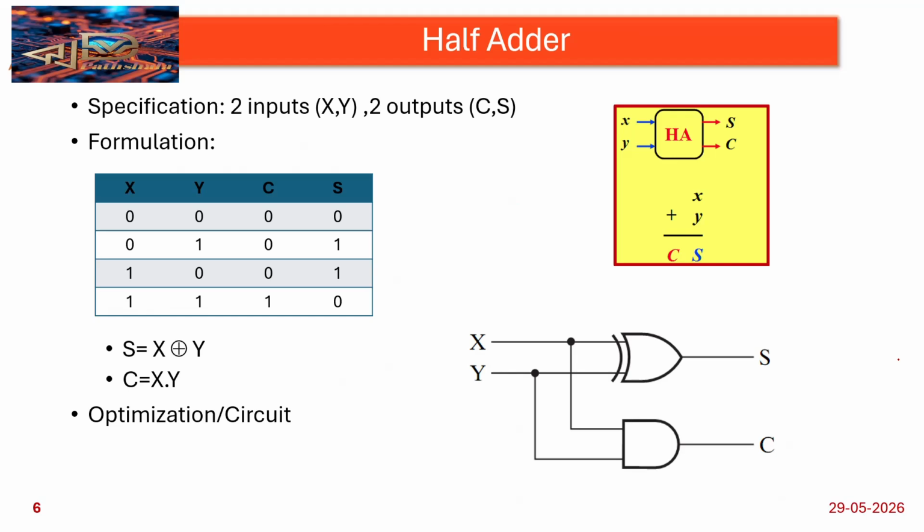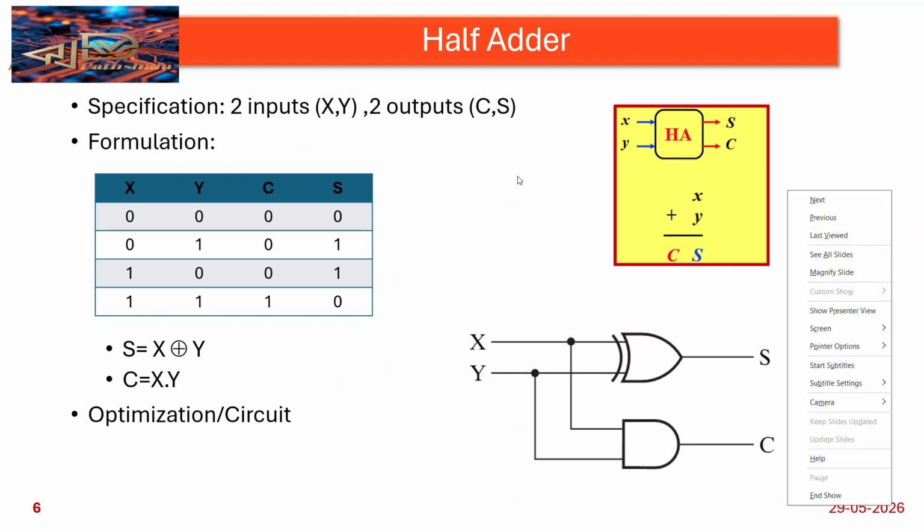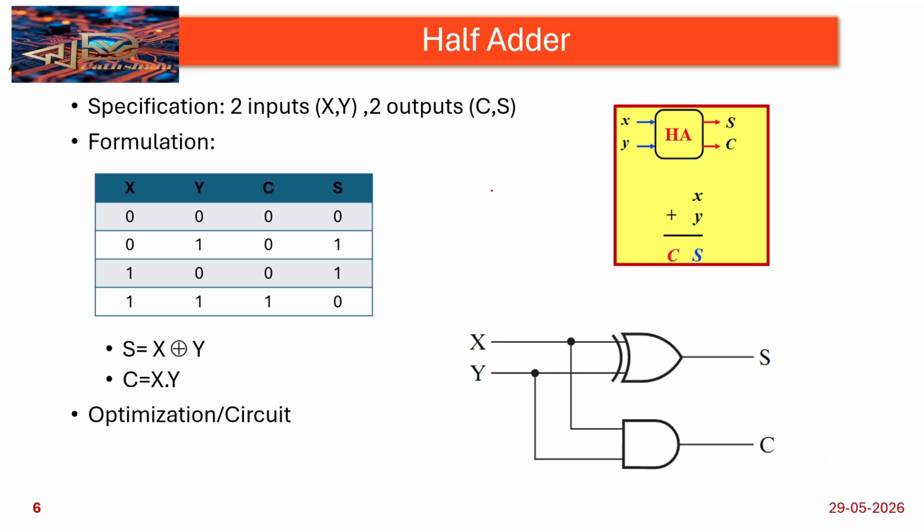See, this half adder has two inputs, and we get two outputs, that is sum and carry. Suppose this is my half adder, x and y are the inputs, and s and c are the outputs. S means sum, c means carry.